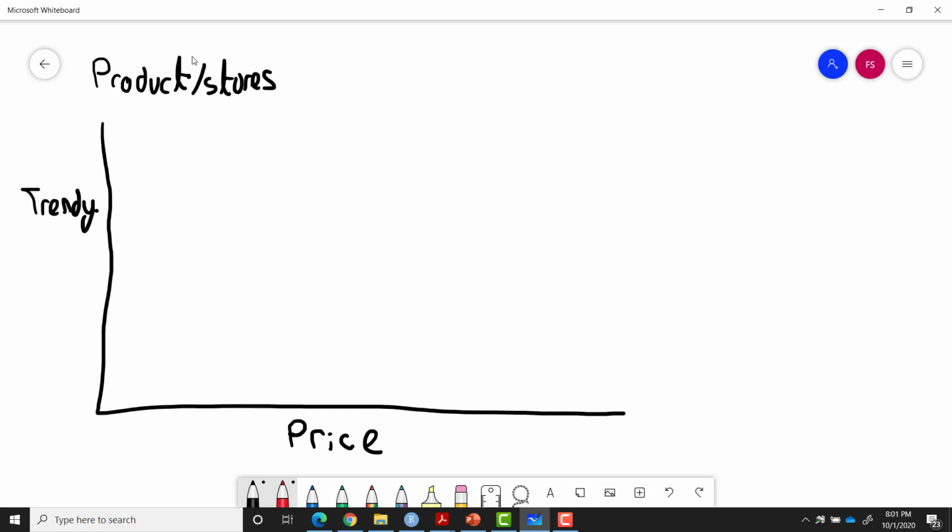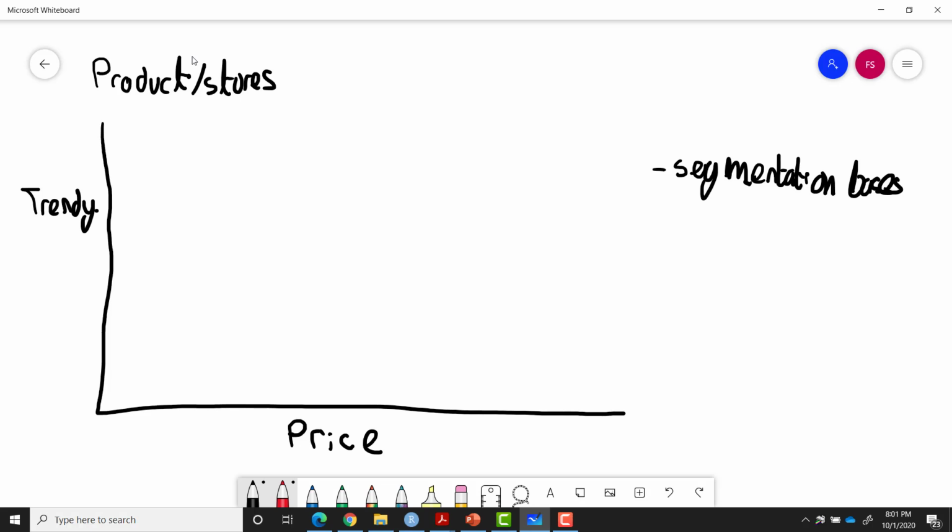Now, these two, trendiness and price, are what we call segmentation bases. This is what we actually segment on. And the idea when we do technical segmentation is I can do visual segmentation in 2 dimensions, but I might have 100 pieces of information about the products, or 100 pieces of information about a consumer.